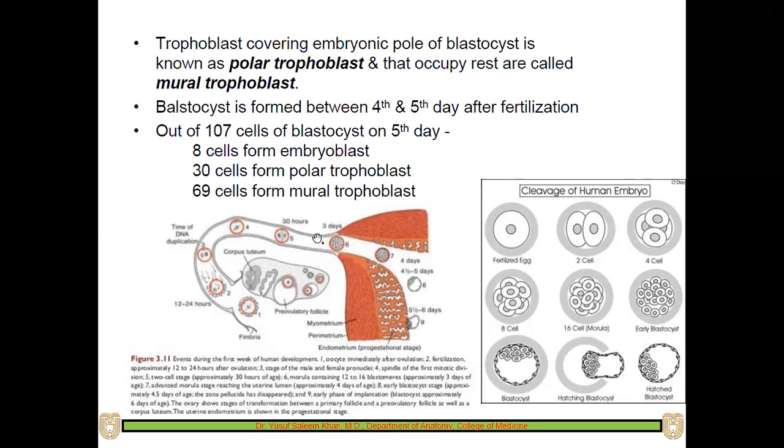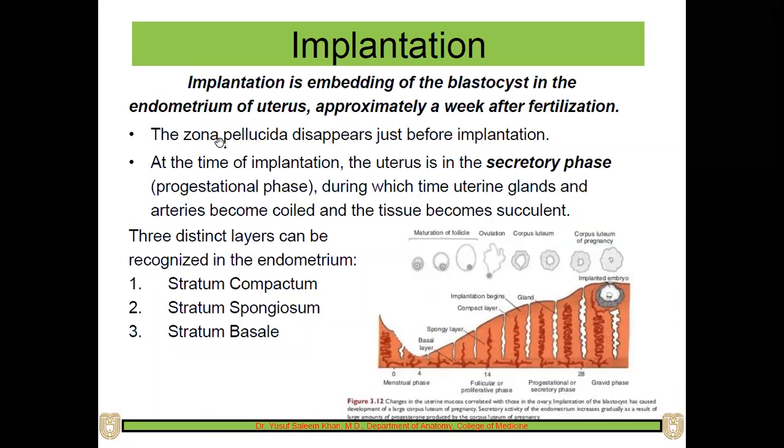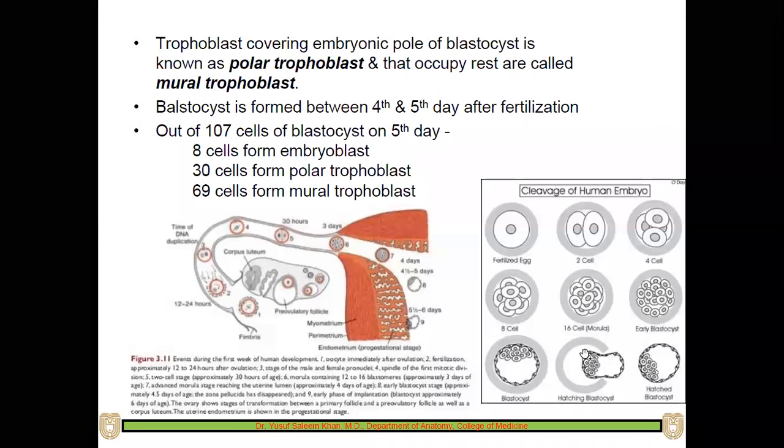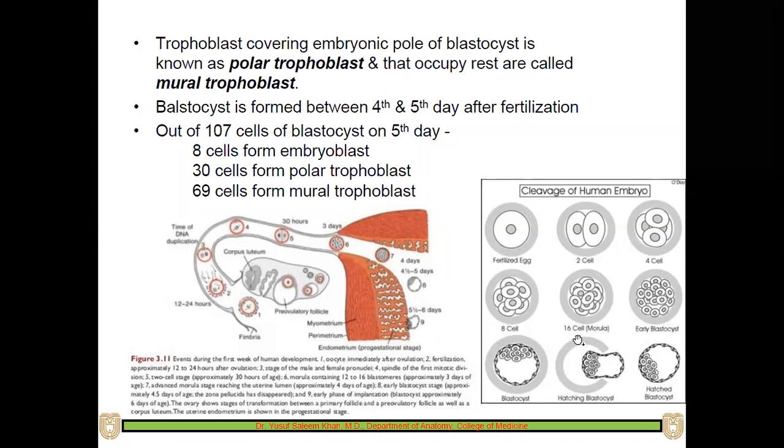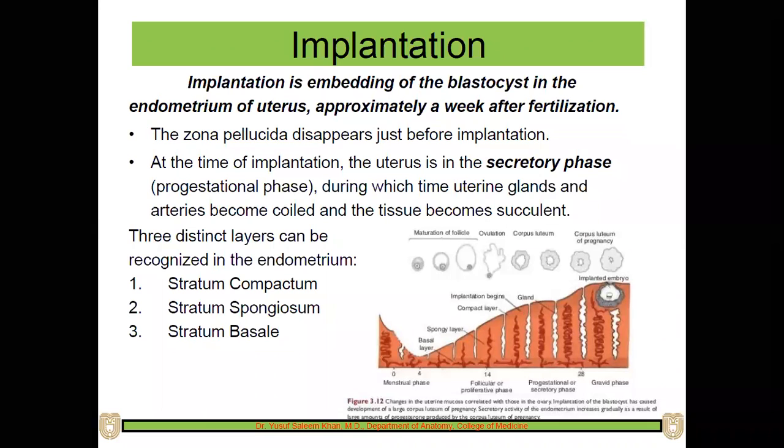If it disappears early, it will implant within the fallopian tubes itself. So this is the importance of the zona pellucida. By the 7th day, the zona pellucida will disappear, which helps in the implantation because the trophoblastic cells are very much ready to get implanted. It was prevented by the zona pellucida. Now it has disappeared, so it can easily get implanted.